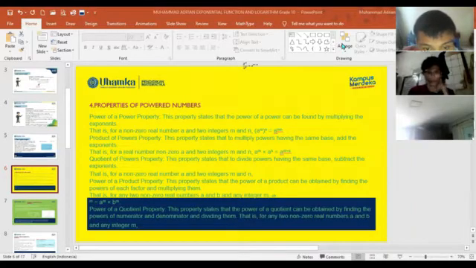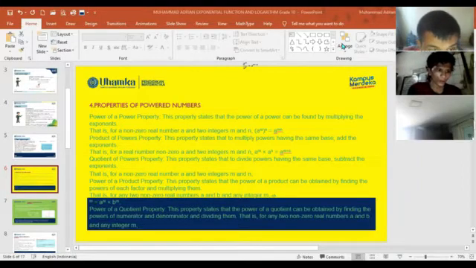This property states that the power of a product can be obtained by finding the powers of each factor and multiplying them.